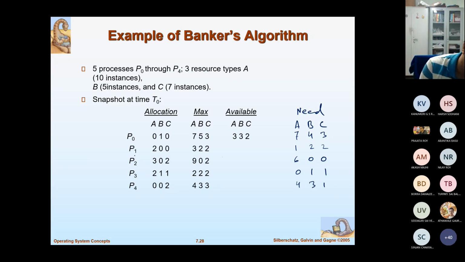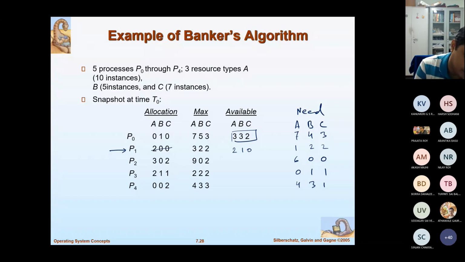So available is 3 3 2 and the requirement of P1 is fulfilled. So you can allow P1, then we subtract 1 2 2 from available 3 3 2. Available minus need gives 2 1 0.